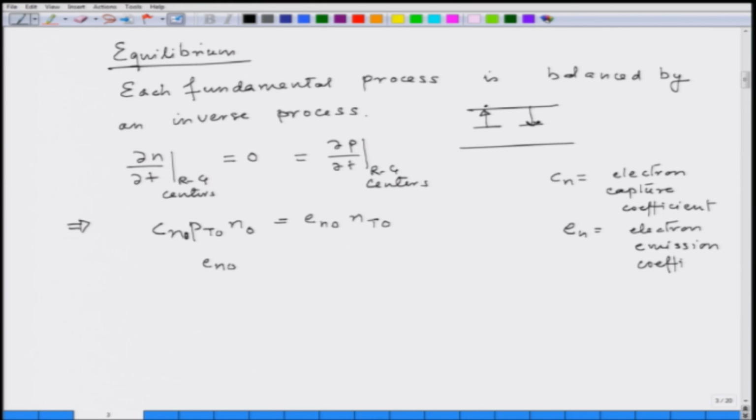So, by invoking the equilibrium condition, we are able to find a relationship between the emission coefficient and the capture coefficient in equilibrium.